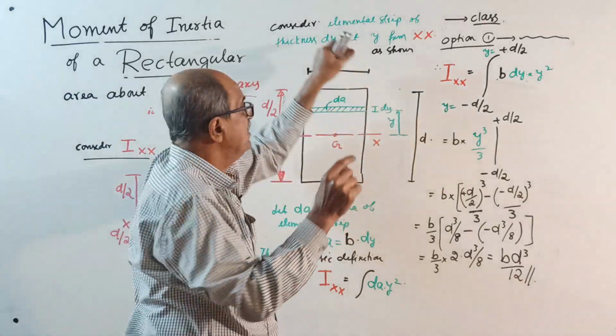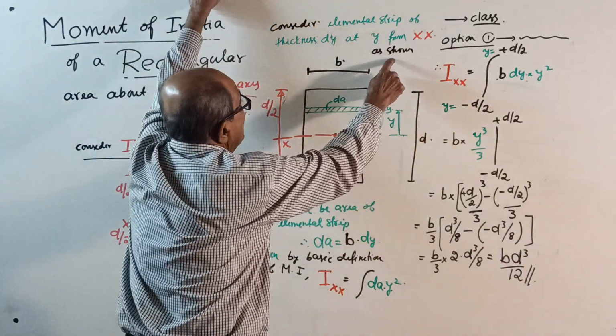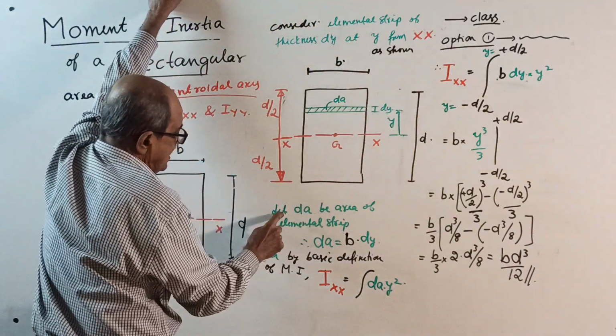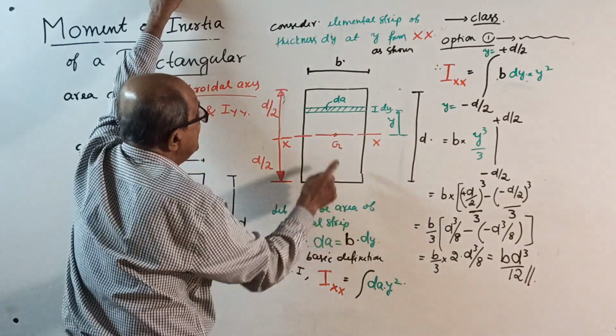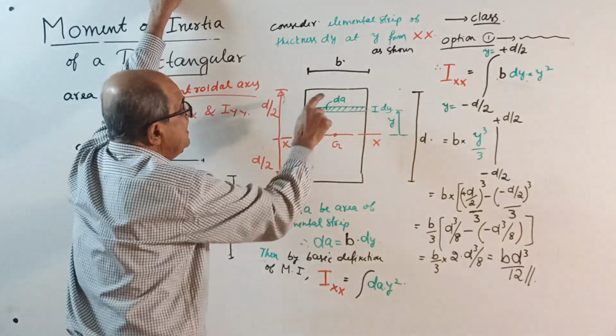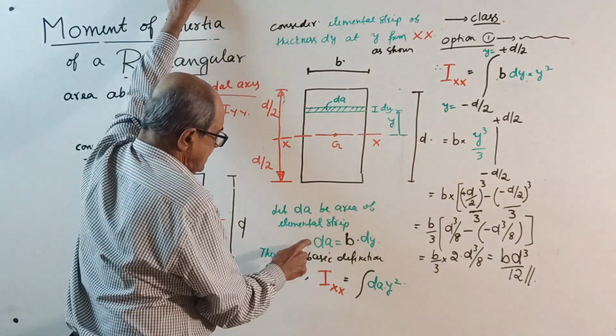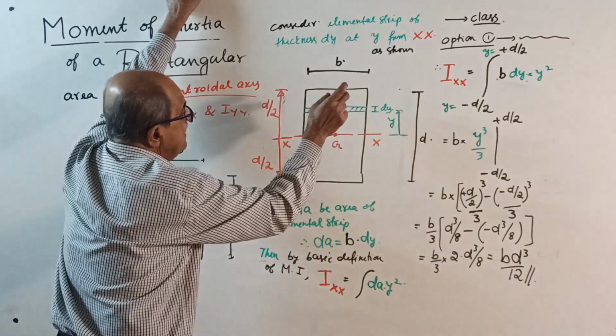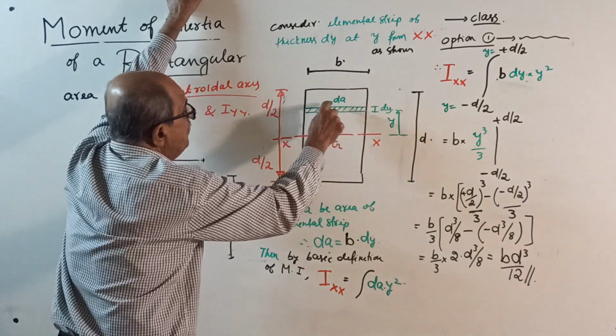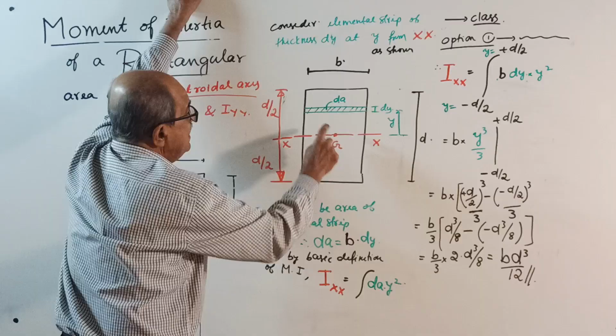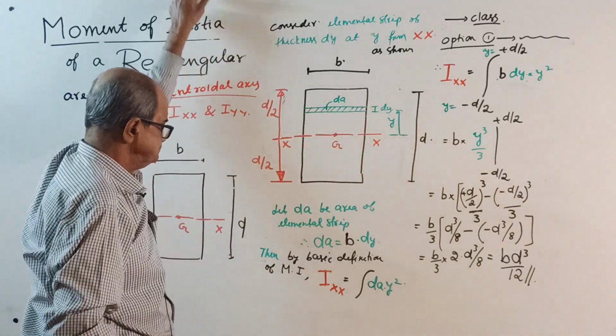When y is the variable, the thickness should be dy, as shown in the figure. Let dA be the area of the elemental strip. Therefore dA equals b into dy, width into thickness of the strip.